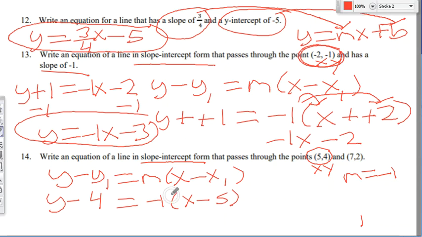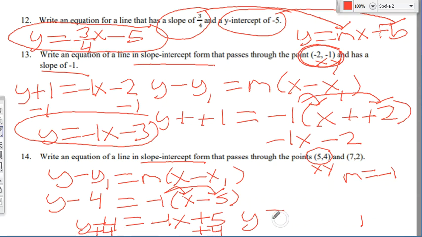So now we would distribute the -1 here and here. So -1x plus 5. And then we would add 4. So y equals -1x plus 9.